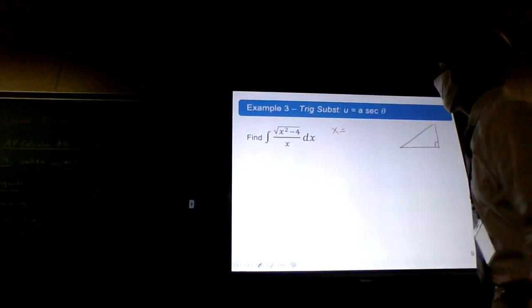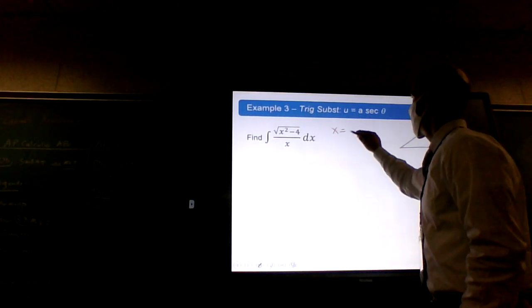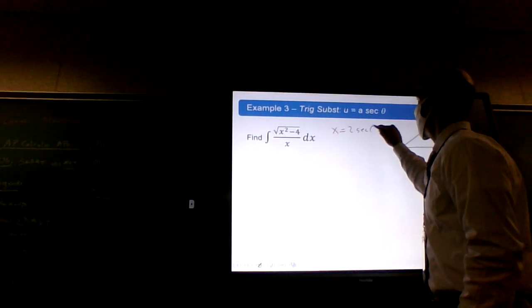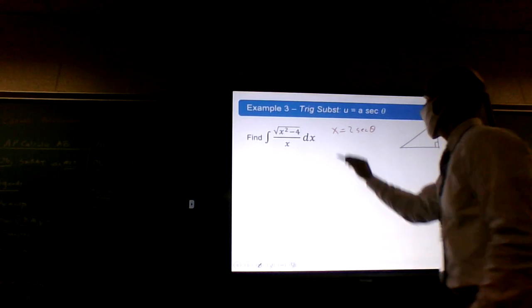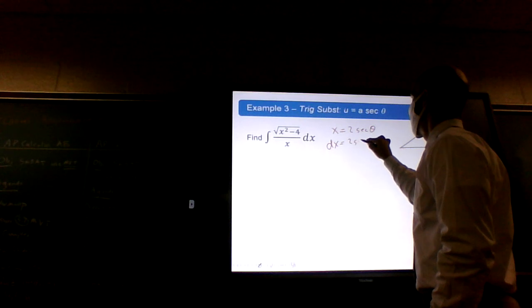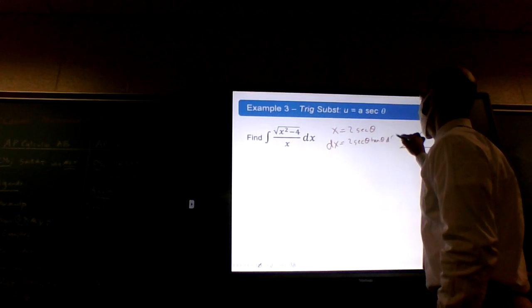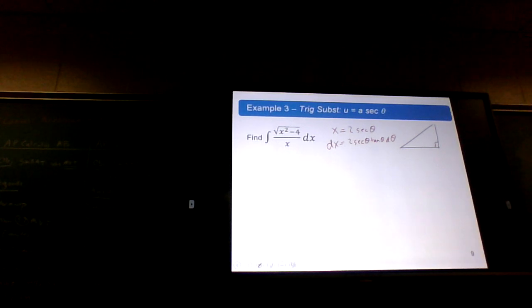Okay, so what are we going to let x be in this case? 2 secant theta. Does that make sense? Yeah. By the way, let's just go ahead and get dx. What's dx going to be then? 2 secant theta tan theta d theta. Okay, let's go ahead and get our reference triangle set up over here. So here's our theta. Remember, secant is the reciprocal of cosine, right?